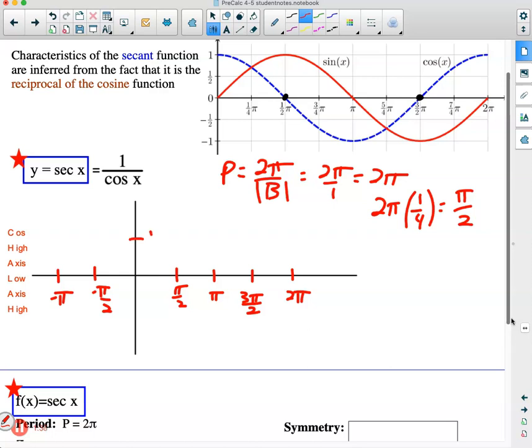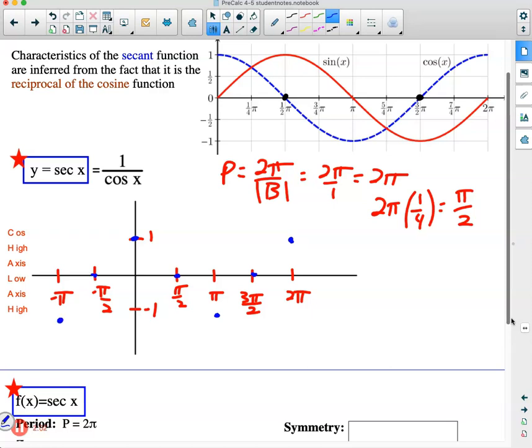And then let's go ahead and put our 1 and our negative 1 on the graph. So to begin, you graph just as you would be graphing cosine. Cosine starts high, axis, low, axis, high, and working backwards, follow the pattern.